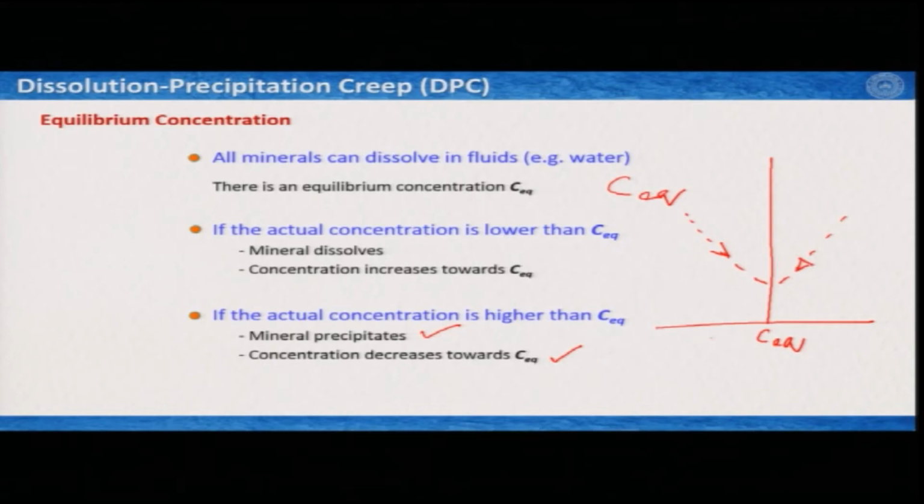This is high and this is low. If the concentration is low, it would dissolve more material and try to achieve the equilibrium concentration. On the side where it is oversaturated, it would precipitate material and try to achieve the equilibrium concentration as well.